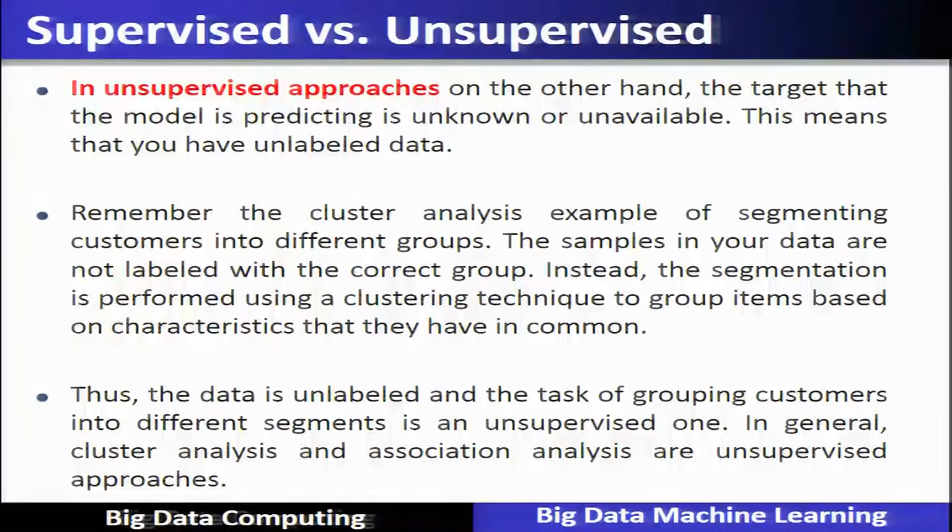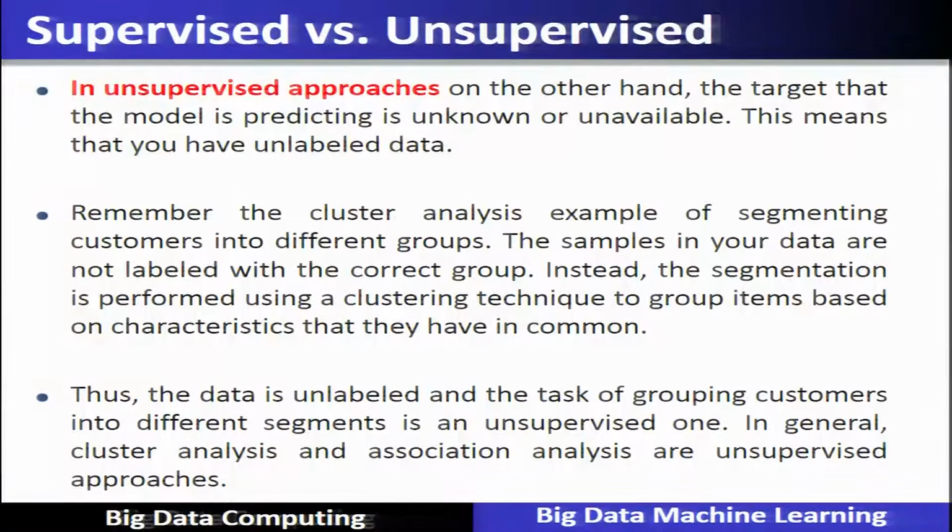In the unsupervised approach, on the other hand, the target that the model is predicting is unknown or unavailable. This means that you have unlabeled data. Remember the cluster analysis example of segmenting customers into different groups having common similarities. The samples in your data are not labeled with the correct group.